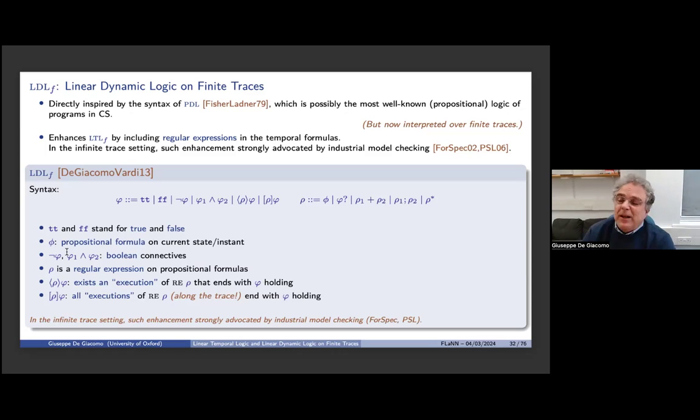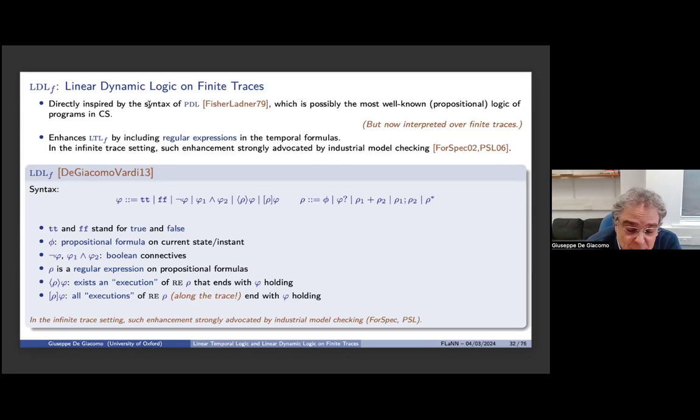Propositional dynamic logic is normally interpreted over trees. But here instead, we're going to use the syntax of propositional dynamic logic interpreting it over traces, over finite traces in particular.